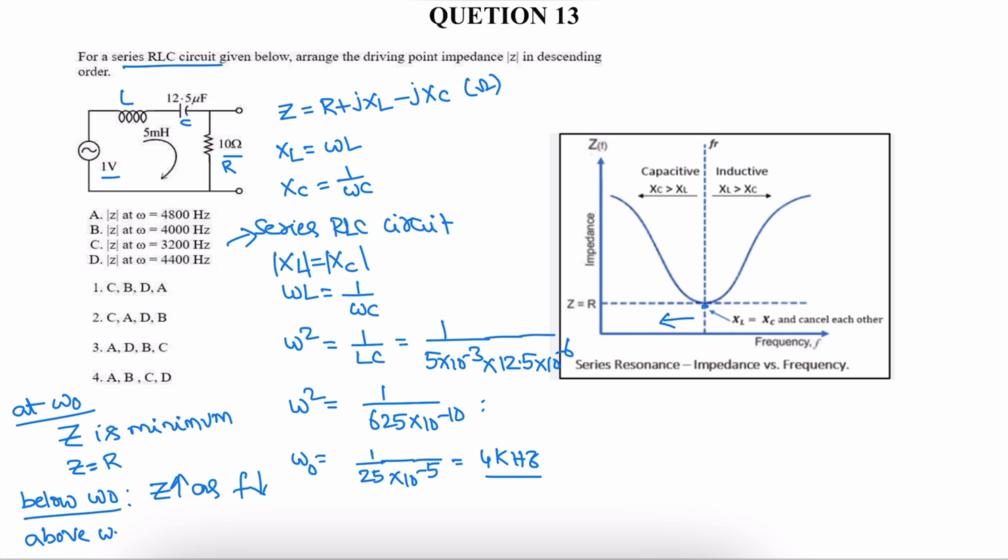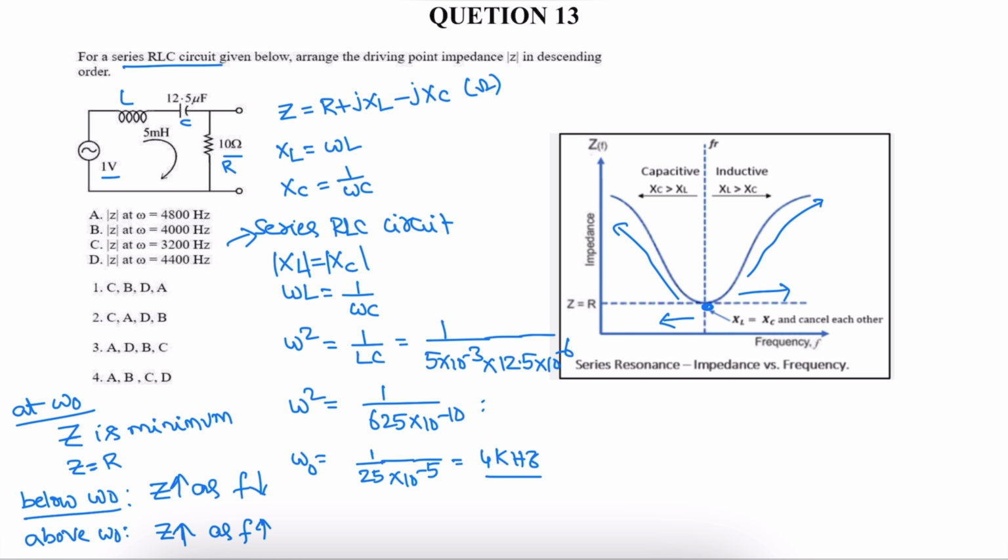Above resonant frequency, again impedance Z increases as frequency increases. So as frequency increases above the resonant frequency, the impedance value Z is increasing. Below resonant frequency, as frequency decreases, impedance is increasing, and the impedance is minimum at resonant frequency.